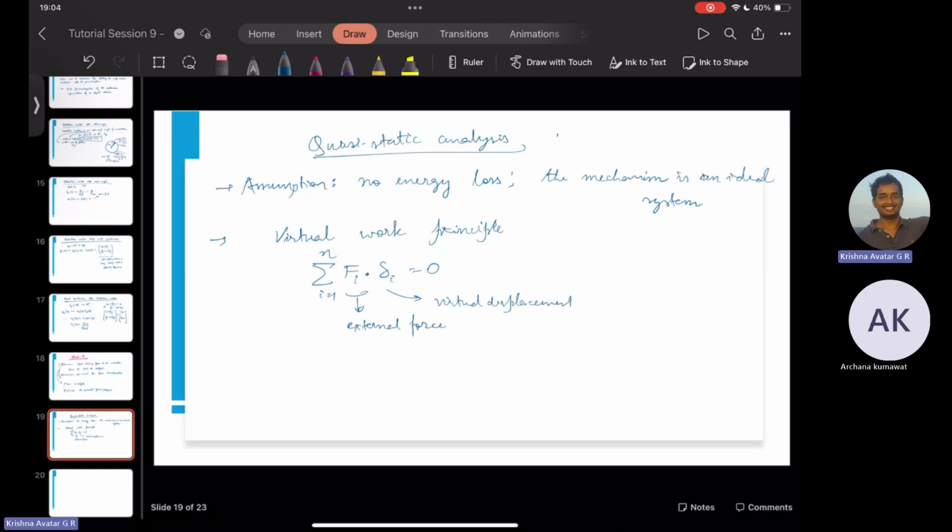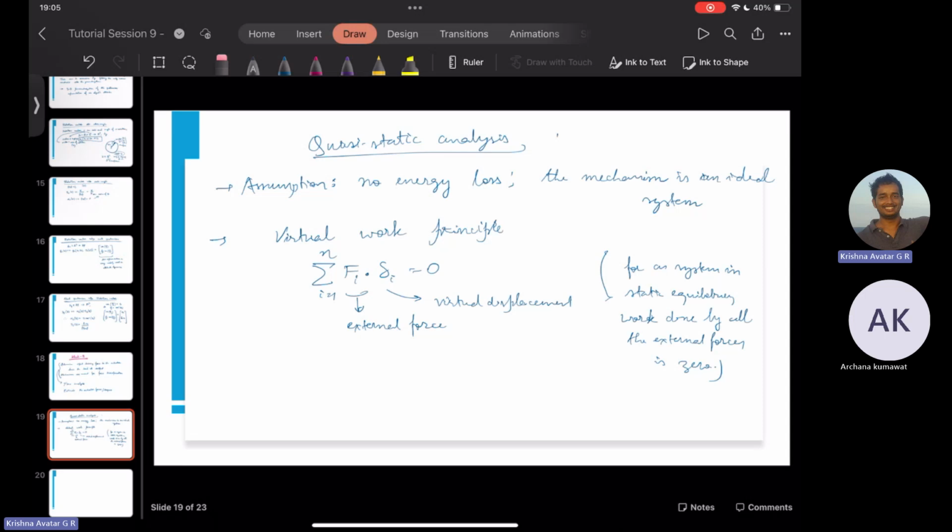The work done by all the external forces for a system in static equilibrium is zero. That's the essential goal here.